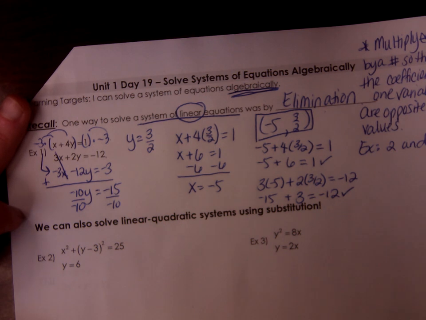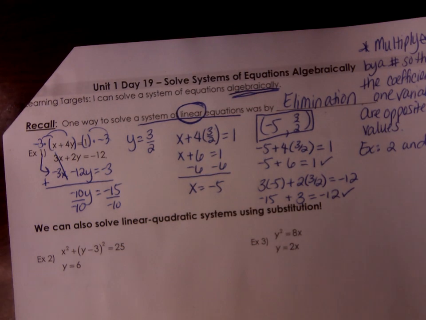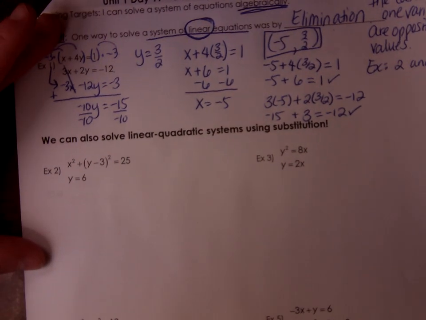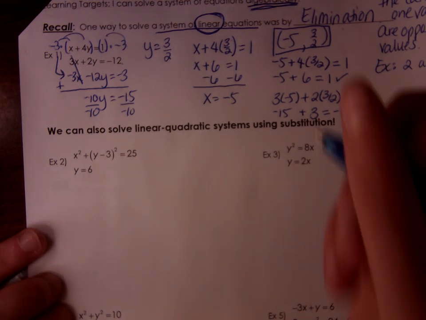This is called the process of elimination. And once again, this only works if you're working with a system of linear equations. So now we are going to solve linear and quadratic systems using substitution.